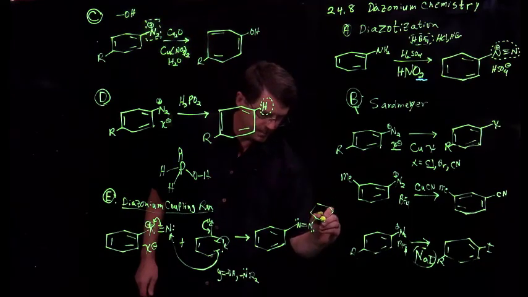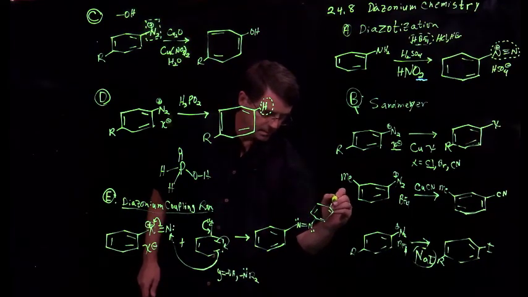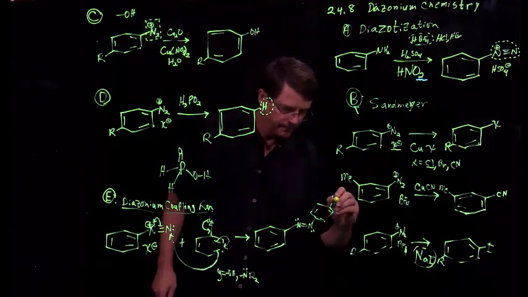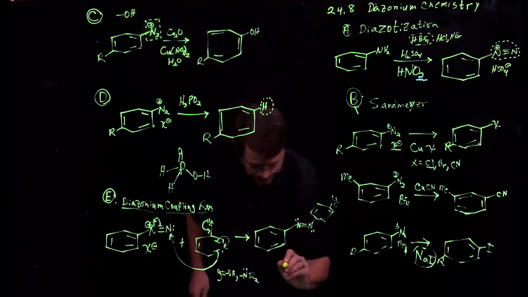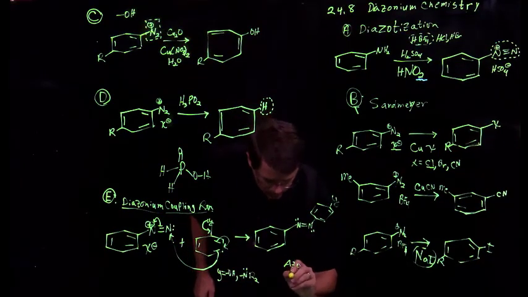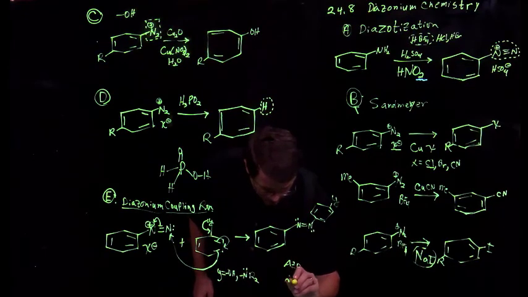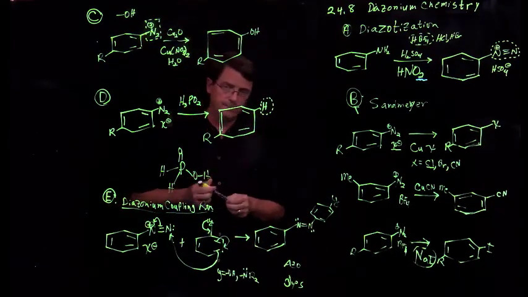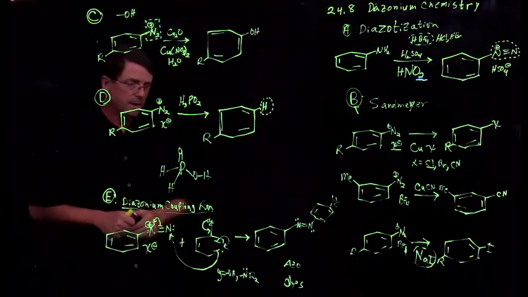And it produces the para product. Put Y here. These are called azo compounds or azo dyes because they were used in the dyeing industry, and they're still used in many cases today.